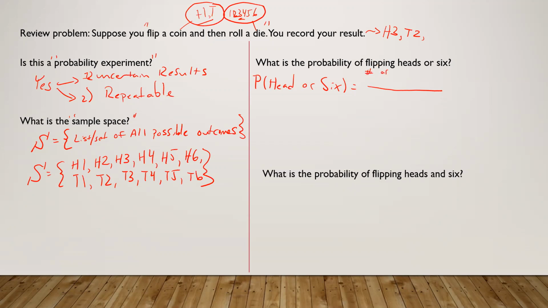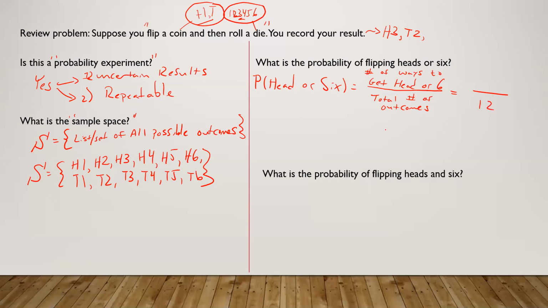It's the number of ways to get a head or a 6, and I'm always gonna divide it by the total number of outcomes. Well, let's start with the denominator, the bottom first. How many total outcomes are there for this experiment? 12. Yep, so that's always the denominator.